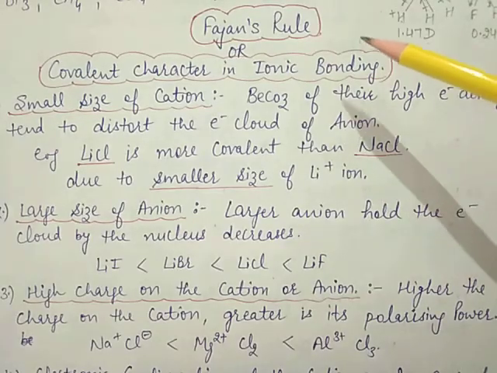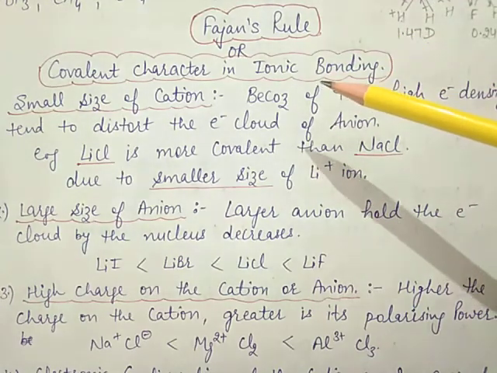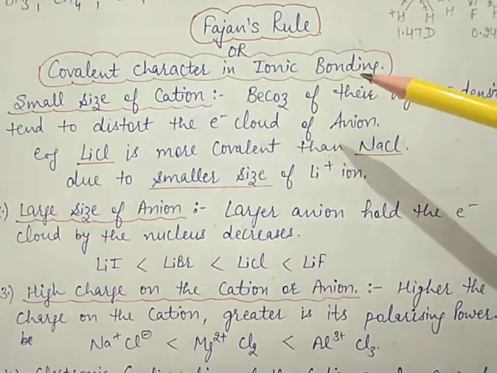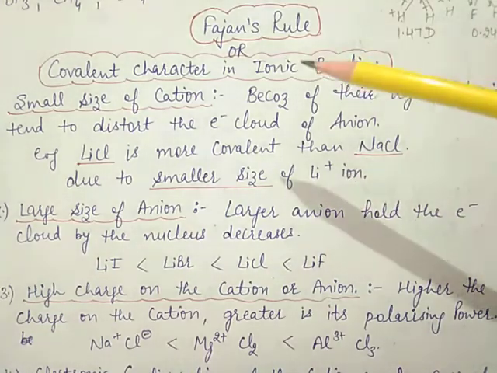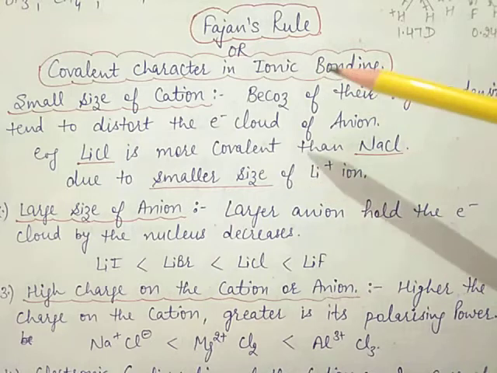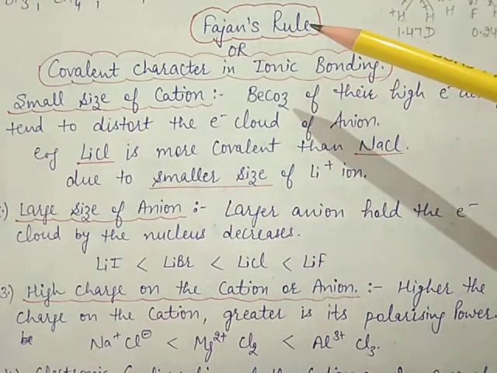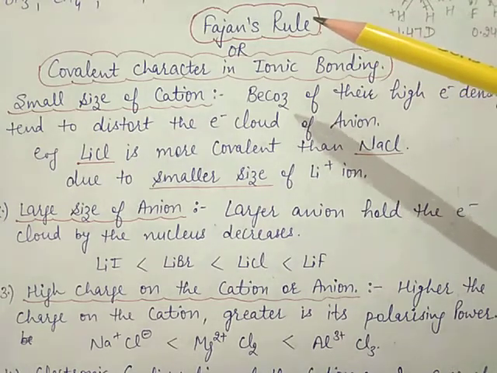Now next is Fajan's rule, or covalent character in ionic bonding. Means the partial covalent character of an ionic bond was discussed by Fajan, and so its name is Fajan's rule.